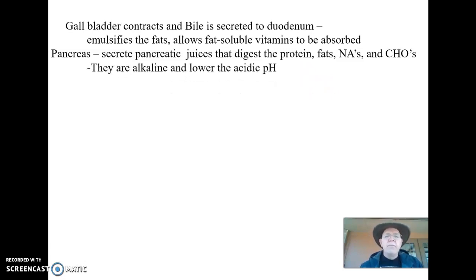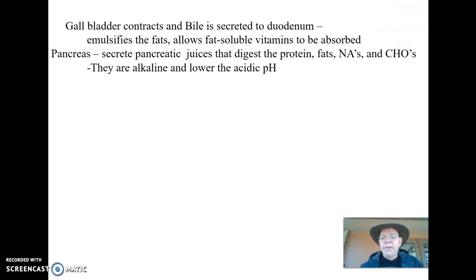All right. Now, the pancreatic juices are also important, though, because remember, this stuff is coming from the stomach. Well, it's very low pH, very high acid content, okay? And so the pancreatic juices are alkaline, and this says lower the acidic pH. It should be raise, okay? That is a mistake.